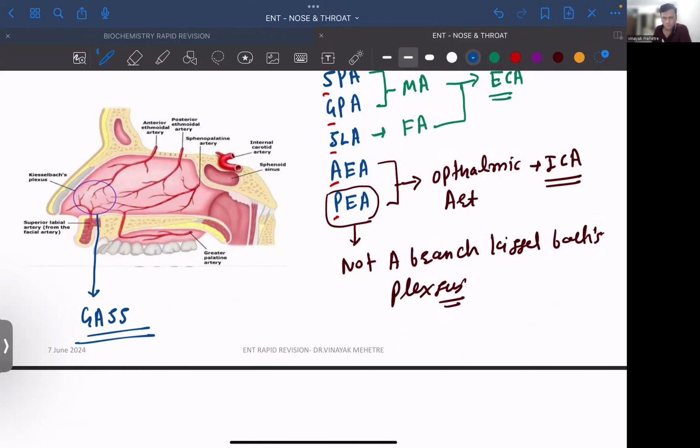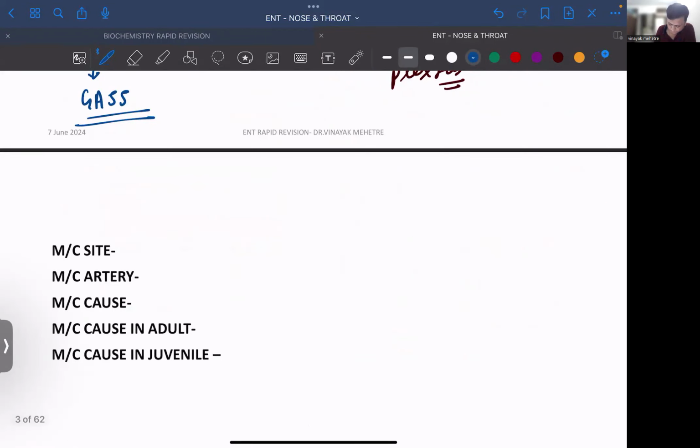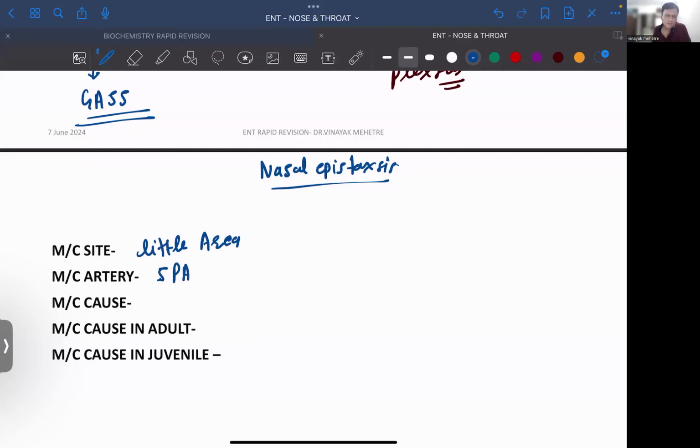Now tell me, which is the most common site for nasal epistaxis? That is Little's area, right? Most common artery, that is sphenopalatine artery. Sphenopalatine artery is the branch.